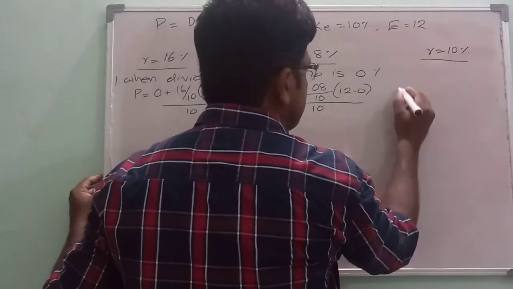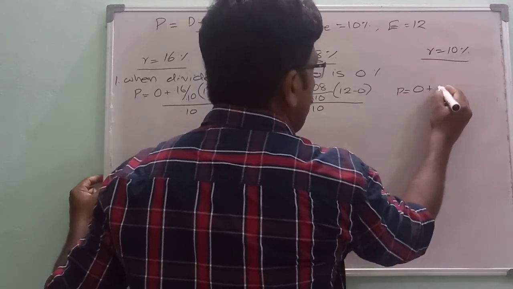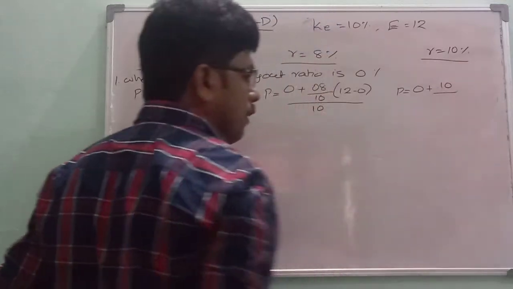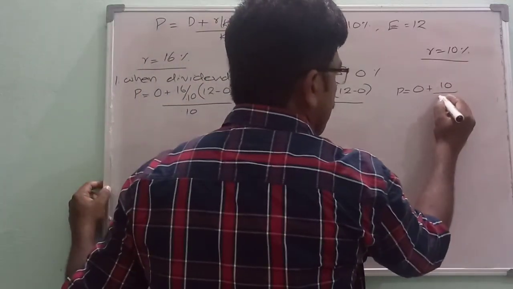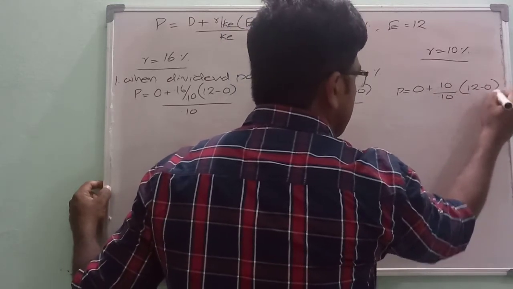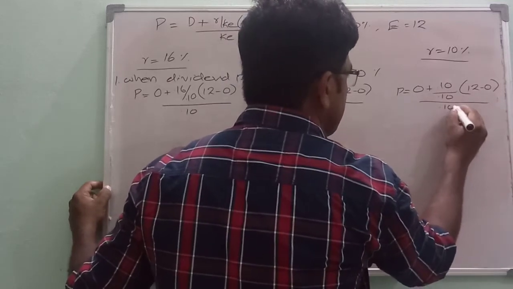And in the third case, P is equal to 0 plus 0.10 divided by 0.10 into E 12 minus dividend 0 divided by KE 0.10.